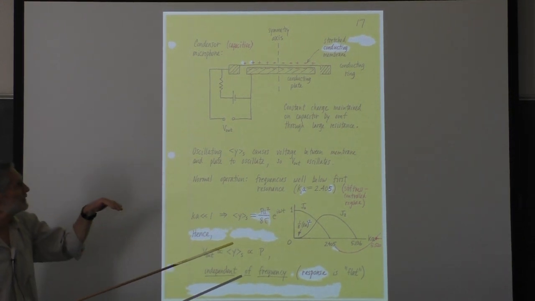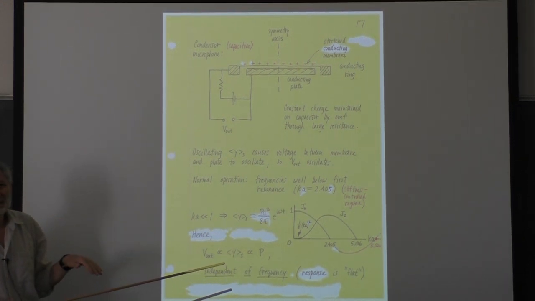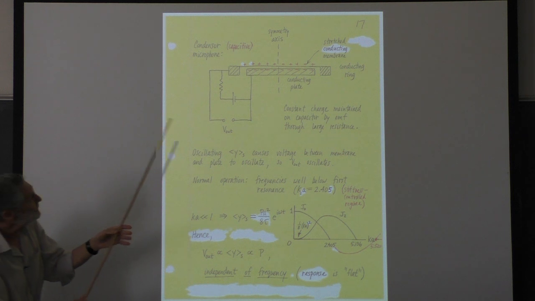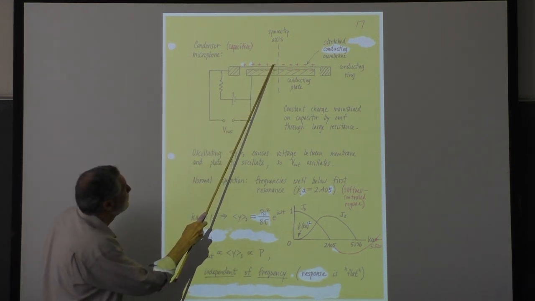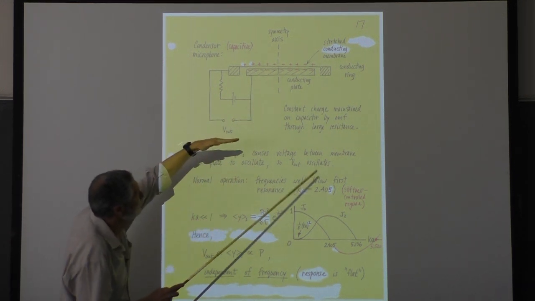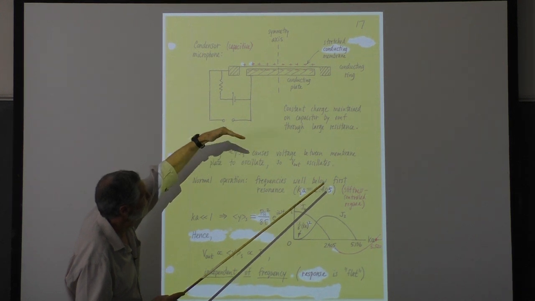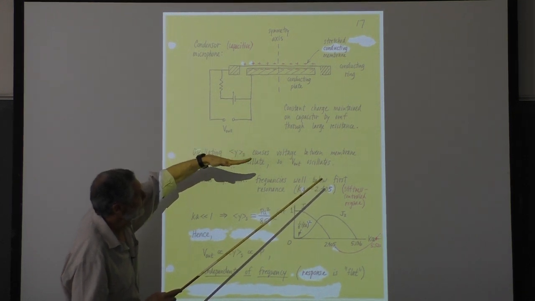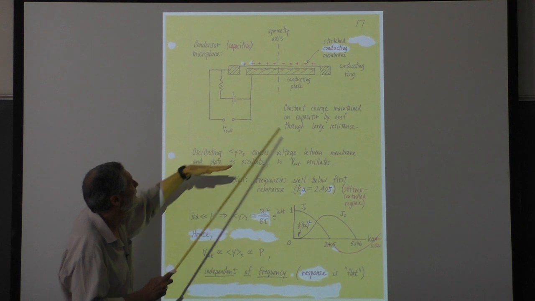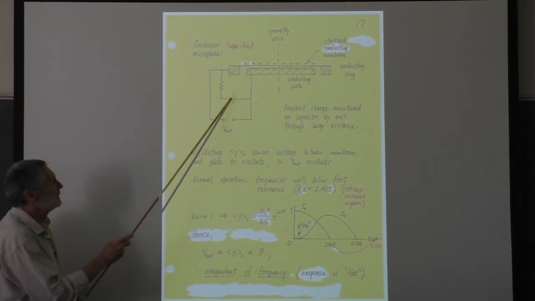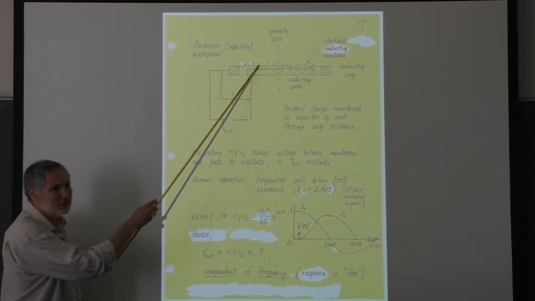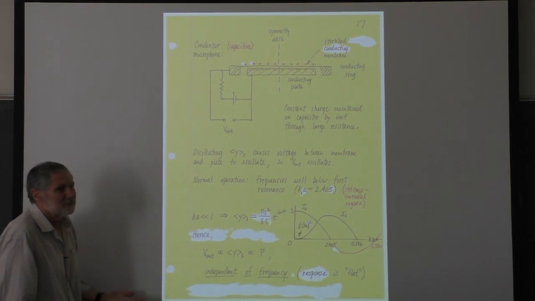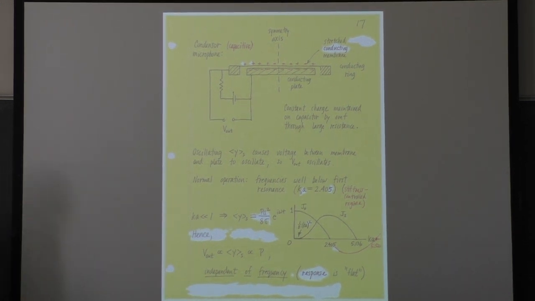Great. What happens when a sound wave comes? It's going to push this, when the positive pressure is going to push the membrane down and up and down. What happens when the membrane goes down? Well, the job of this is to maintain a constant potential difference here. So what's the problem there?